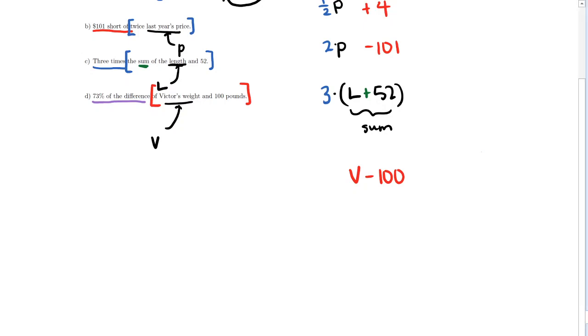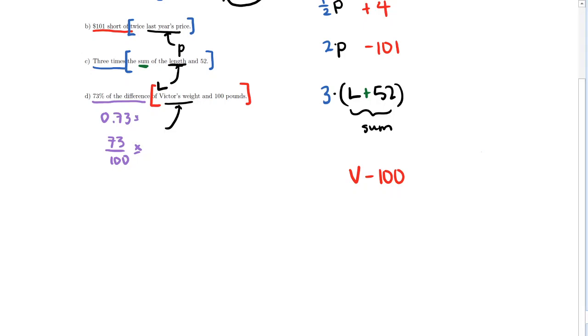So how do we take 73% of something? Well, we can multiply it by 0.73, or we can write this as 73 over 100. That's really the same idea, multiplied not with V, but with this difference. I'm just writing this multiplication to say that that's how we take a percentage of something.